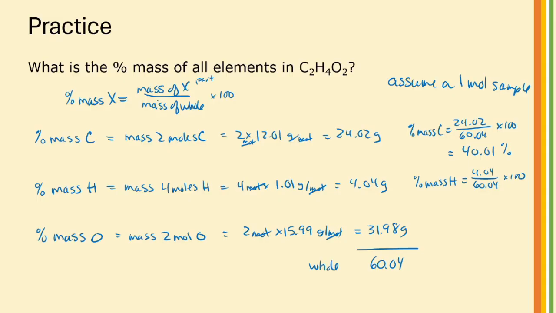And that's 6.73. And percent mass oxygen is 31.98 over 60.04 times 100. And that's 53.26.